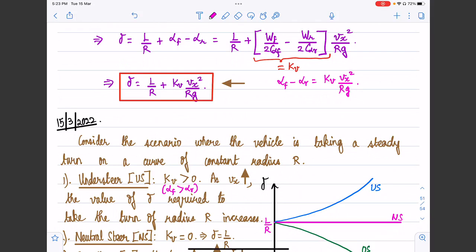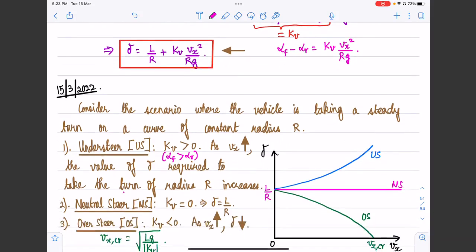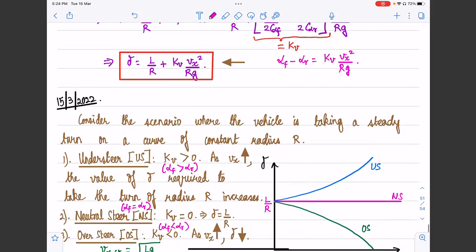When KV is equal to 0 in neutral steer, alpha F is equal to alpha R. And in oversteer, alpha F is less than alpha R. That means the slip angle at the front will be less than the slip angle at the rear. So one could interpret it that way also. Good point. Thanks for bringing it up.